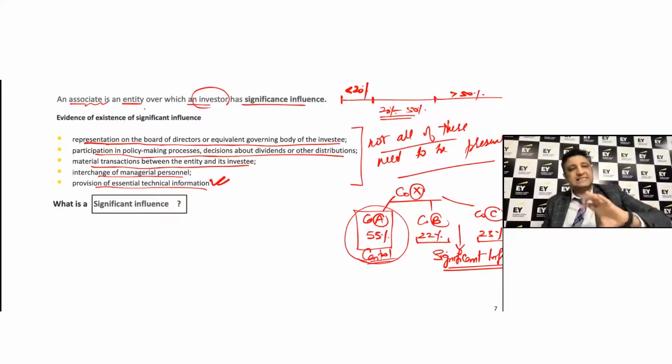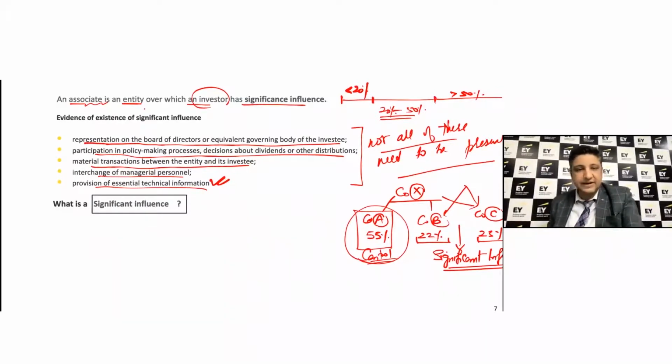Else, it would be an example of a joint control, which is not a parent subsidiary relationship. So there can only be one parent, but there can be more than one entity with significant influence over the investee. All right, just a takeaway out of that.